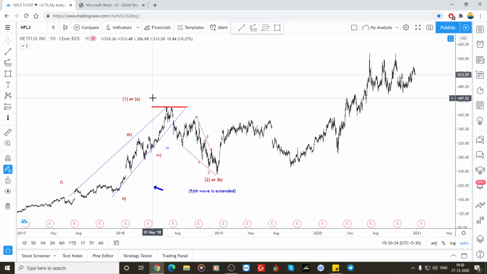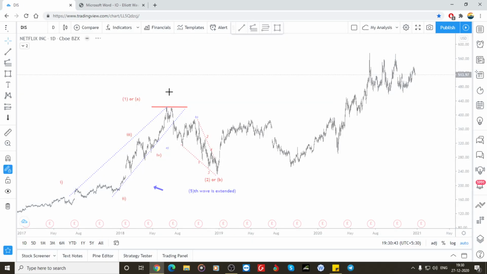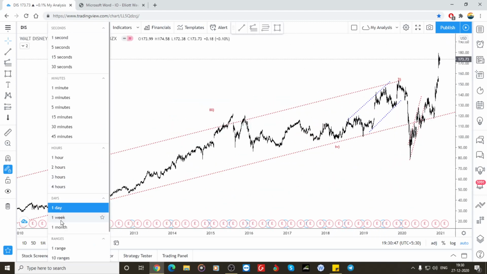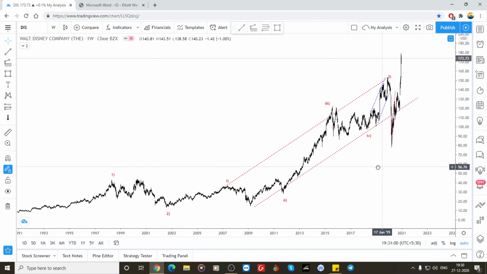And the next one, we are going for Indian stocks, or one thing is that Disney is there. I found that also. Lot of channels here. See, 1 2 as a running flat, 3 4 maybe a triangle, and the fifth wave got completed, and again there is a fourth wave.